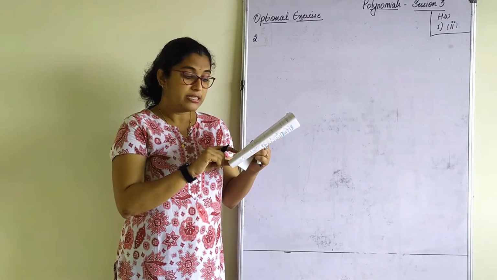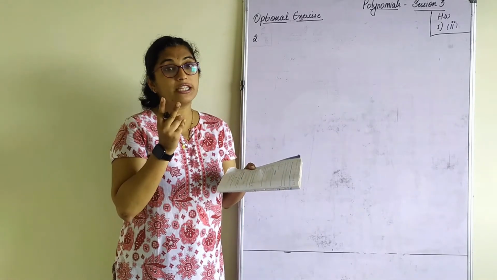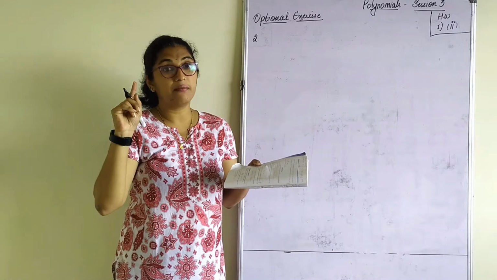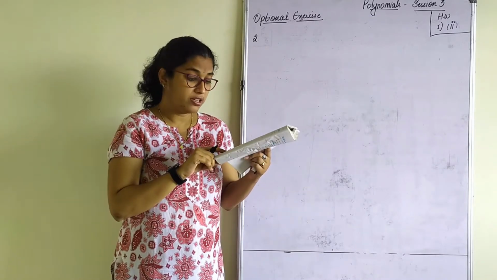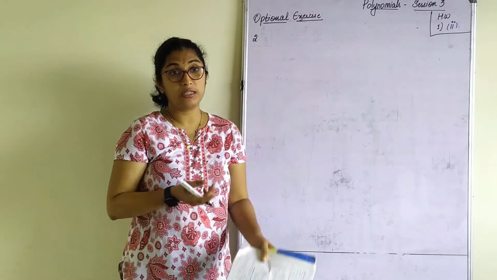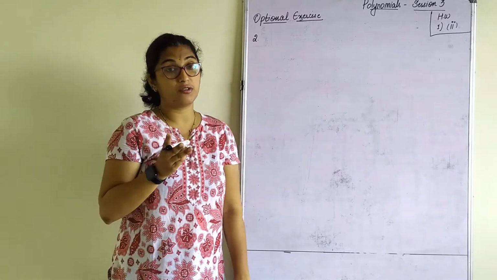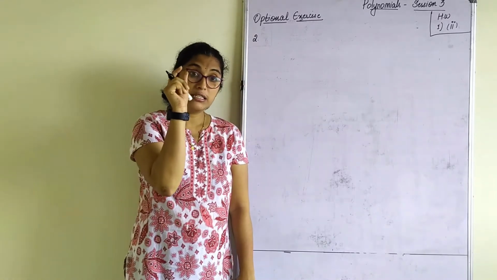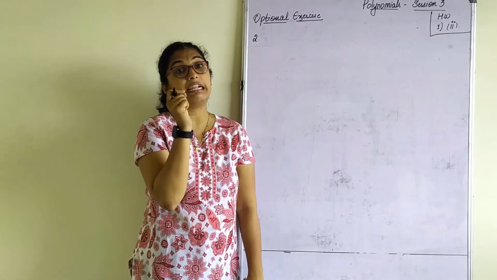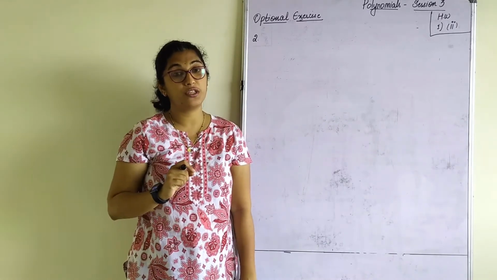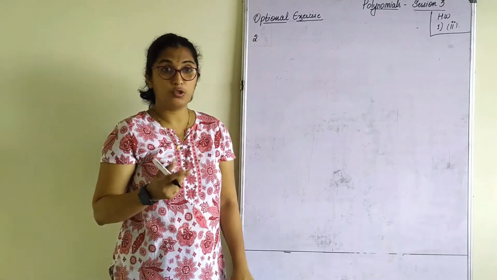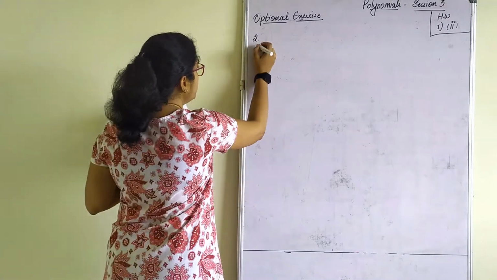The second one is the sum of the product of two zeros taken at a time. What is that? Alpha beta, beta gamma, gamma alpha. Third one, the product of the zeros. That means they have given us the three zeros of the polynomial in the form of the sum of the zeros, the sum of products taken 2 at a time, and the product of the zeros. With that, we have to frame a cubic polynomial.